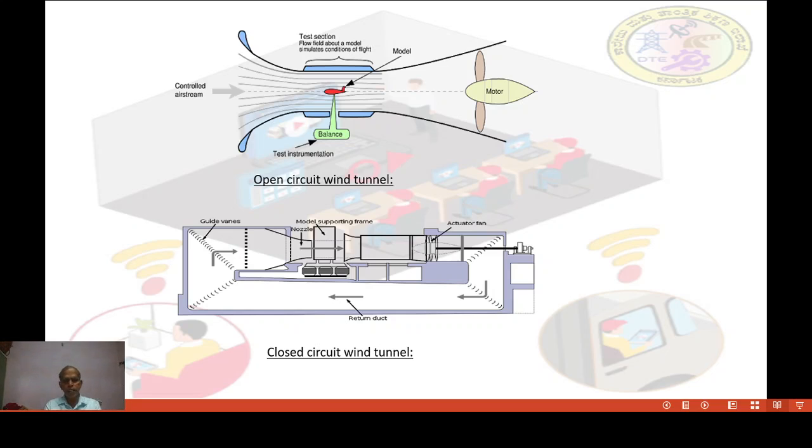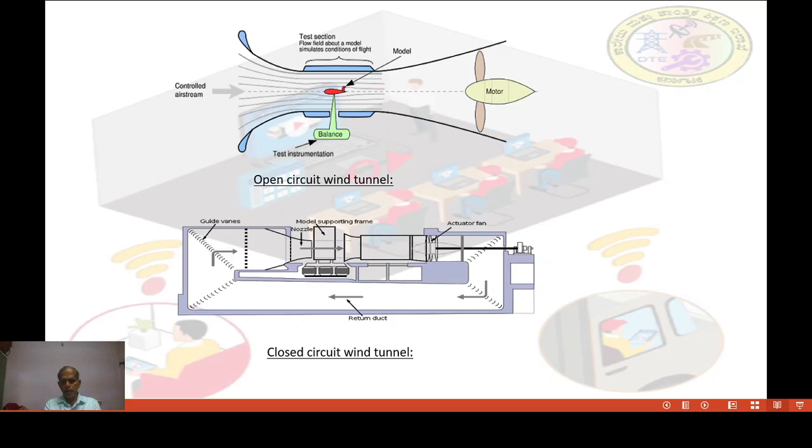Controlled air stream, as shown by the arrow mark, is supplied through the convergent portion to the test chamber. After that it goes to the outlet through the motor. At the middle only, test instrumentation you can keep.